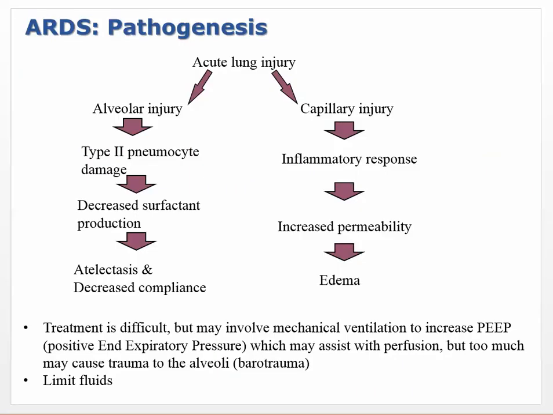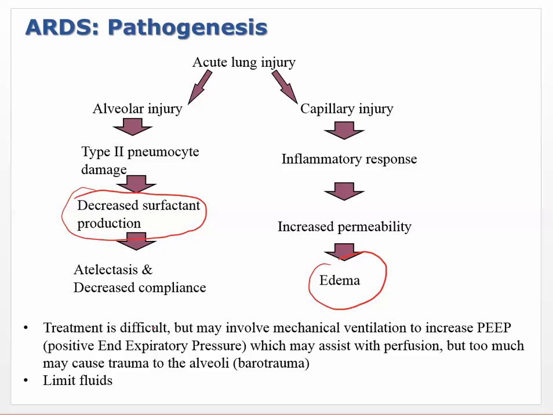Pathogenesis: acute lung injury, alveolar injury. The left side moves us through what happens when we don't have surfactant production, and the right side takes us through that inflammatory process. It's ultimately going to lead to increased permeability and edema, or that buildup in fluid.